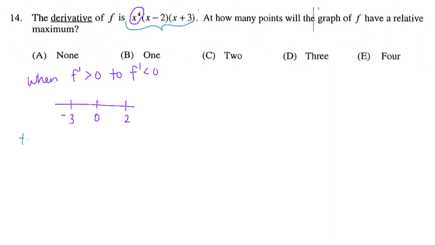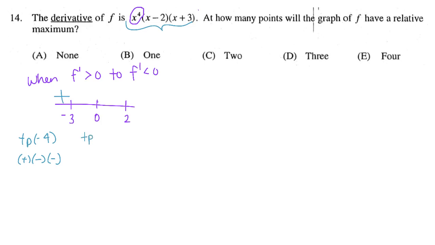The first test point I would try would be -4. If I plug in -4, I'm going to have a positive value from x to the 4th. Then -4 minus 2 is negative, and -4 plus 3 is a negative. So that's going to tell me those values are positive.